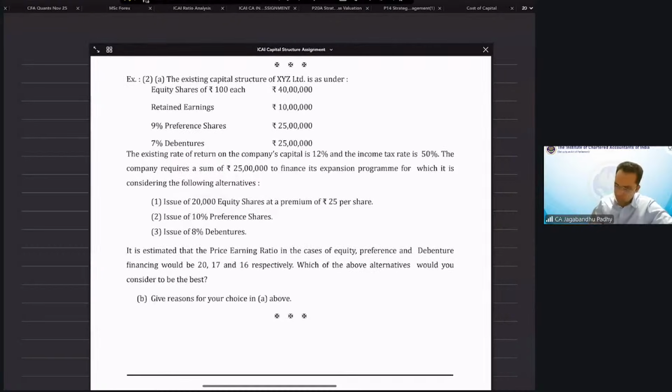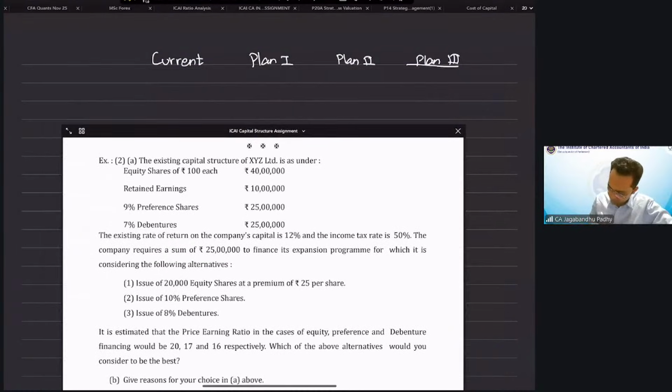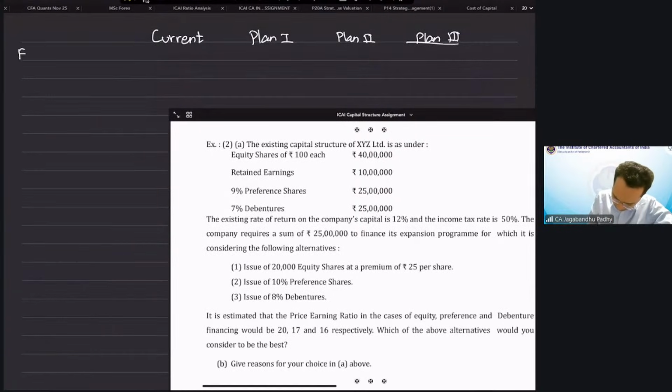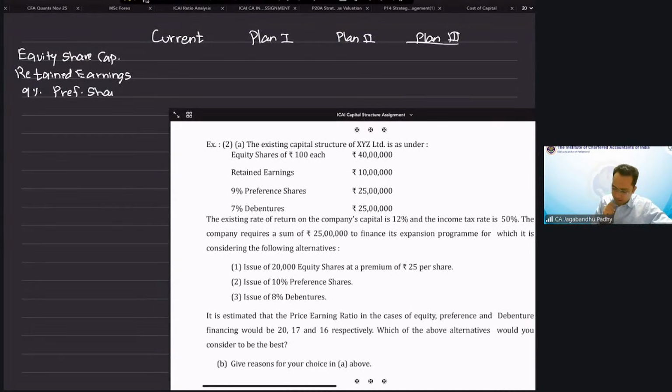So we have over here equity share capital, then the retained earnings, 9% preference shares, and 7% debentures.